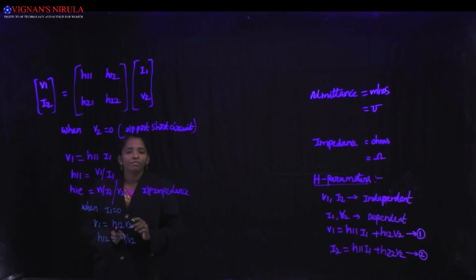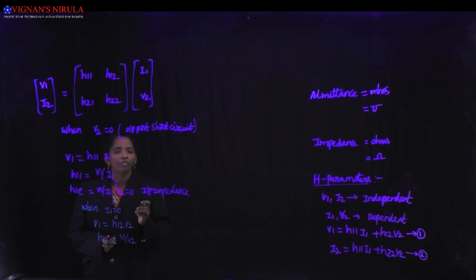So what is the formula for voltage gain? The formula for voltage gain is output voltage by input voltage. But here we are getting the ratio input voltage by output voltage. So it is the reverse transfer voltage gain, because we are getting reverse voltage gain.